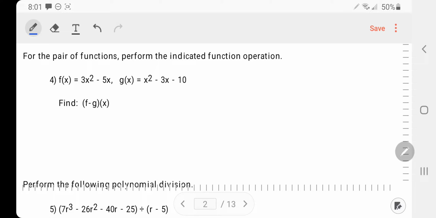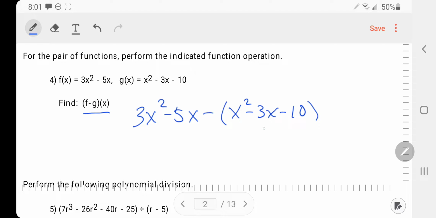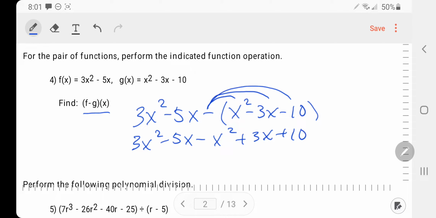All right, number 4 wants us to find f minus g of x. And so that says that we're going to take f of x and we're going to subtract g of x. Notice that I'm putting the g of x in parentheses, and that's because we're doing subtraction, so that minus has to distribute. And so that's going to give me 3x squared minus 5x minus x squared plus 3x plus 10.